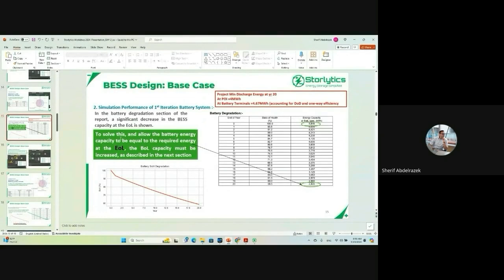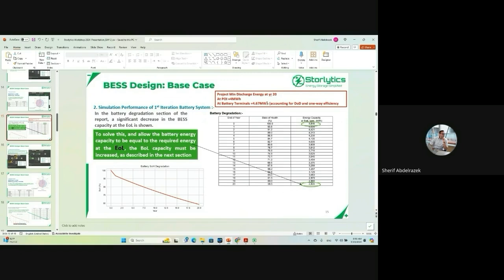Okay. So if I take this 4.67 megawatt hours and I have a full battery, right? I need to discharge 90% of that because I can only go up to 95% state of charge and down to 5%, right?